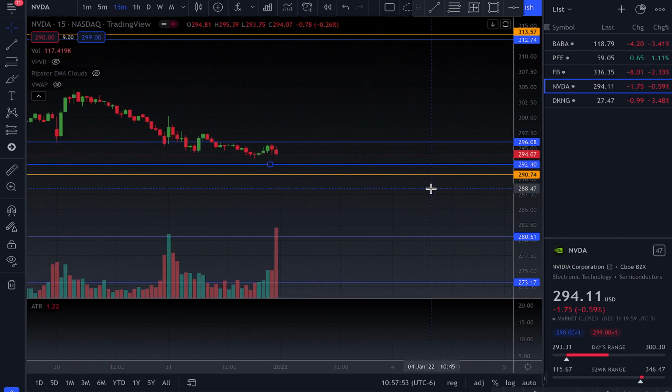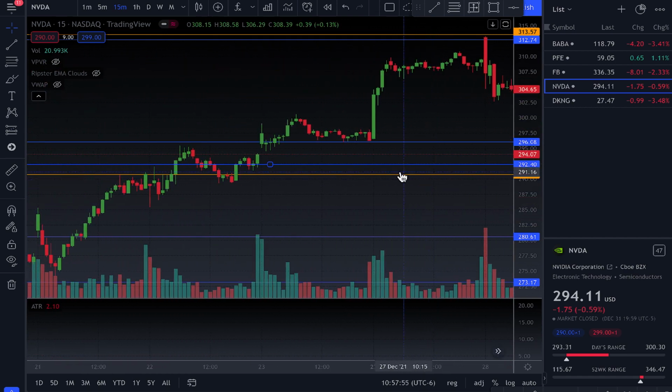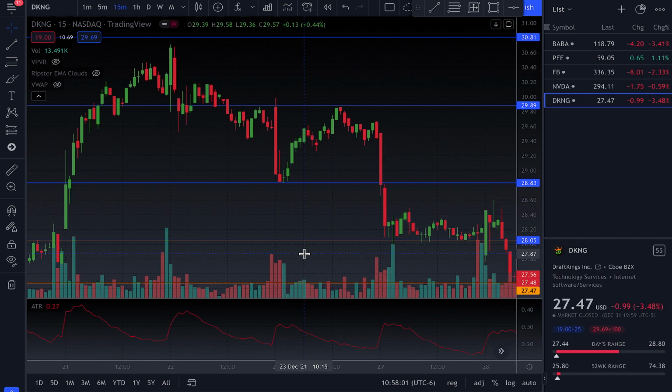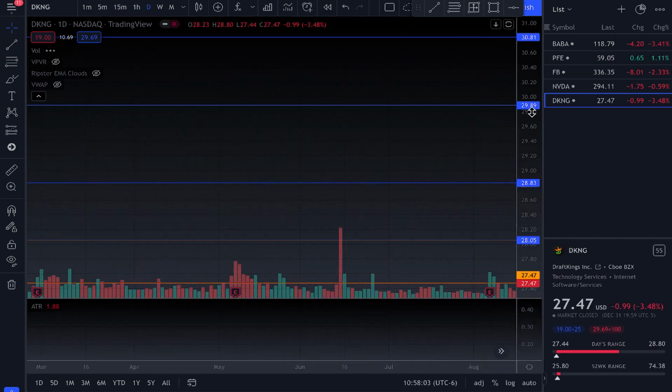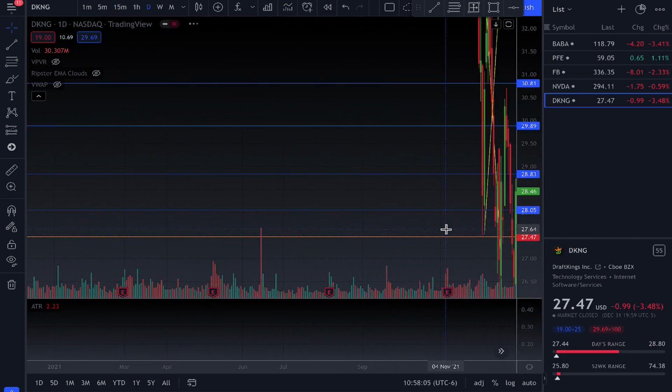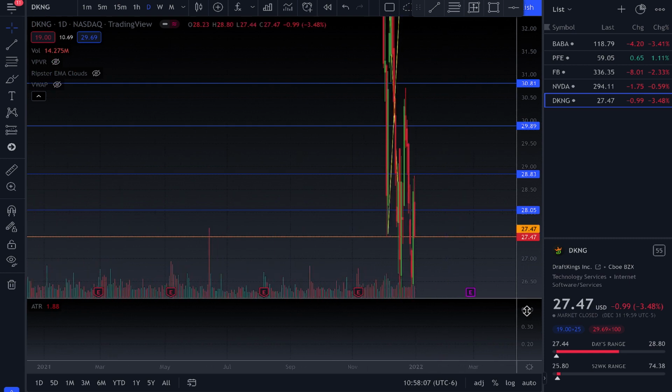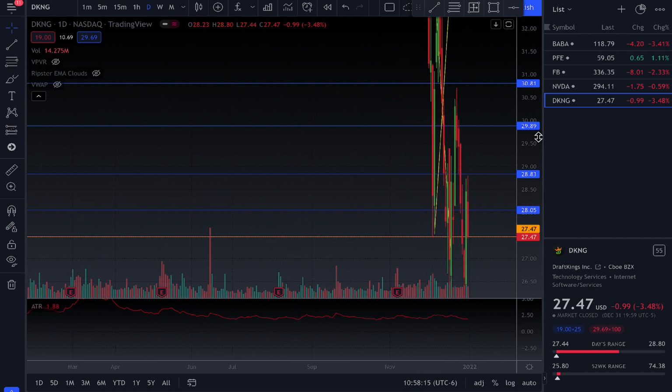All right, and then the last one I'm going to go over is DraftKings. Let me move this back. There we go. DraftKings daily chart for the ATR, and this should be about $2, I would think. Yeah, $1.88.